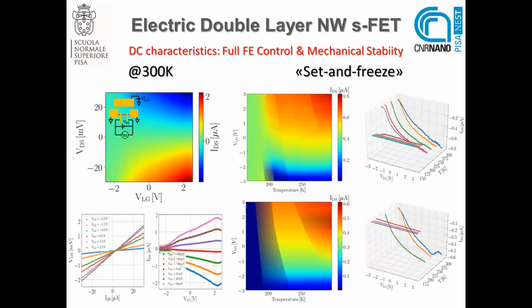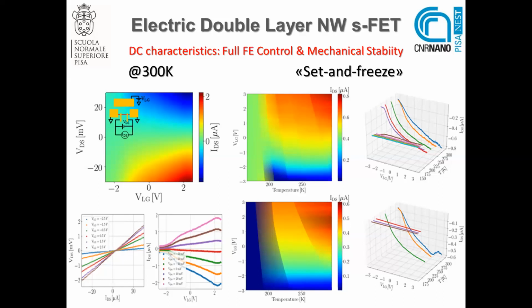And actually, mechanically, the device was very, very robust, because it can sustain a number of cycles of cooling from room temperature down to 4K, and still the device is there and still is working.